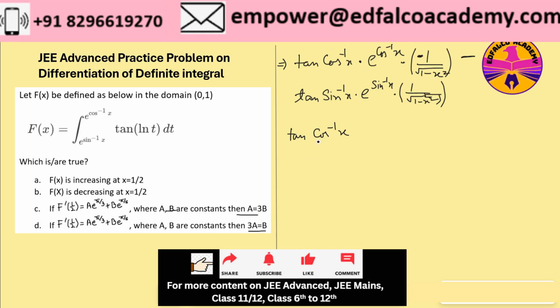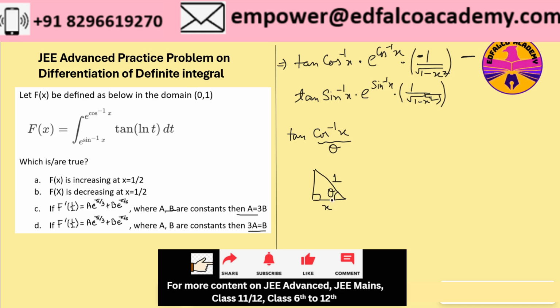When it is cos inverse x, I generally call it theta, and then I can make a right angle triangle with this angle as theta. This means that cos inverse x equal to theta will mean that my base will be x and my hypotenuse will be 1.